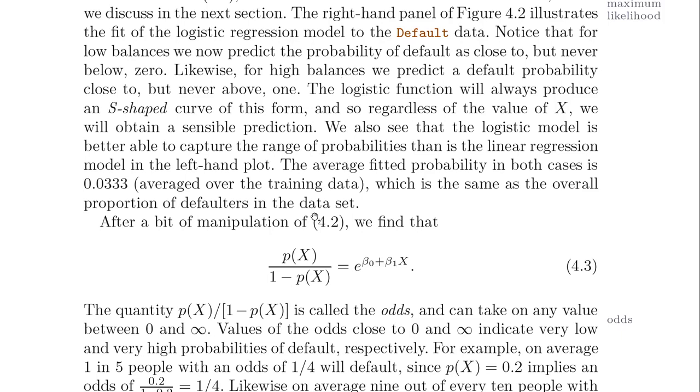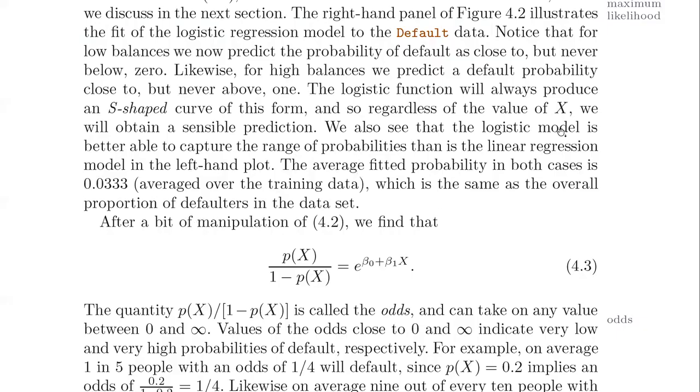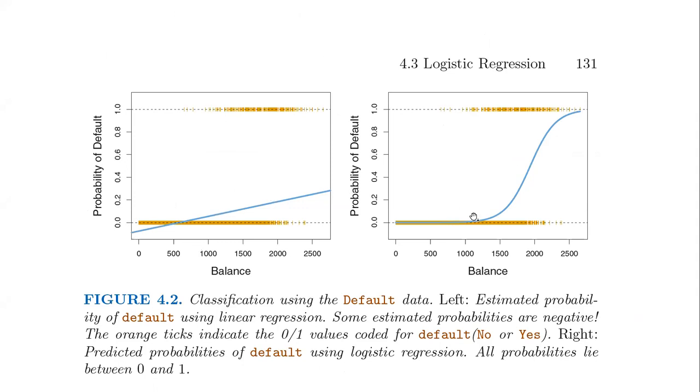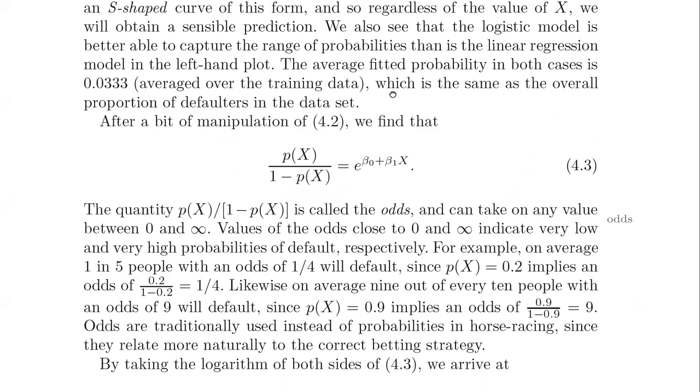I don't think this is that important, but the 0.033 is just referring to the number of individuals that actually defaulted on their loan. So I think on average both models give you the same thing, but the logistic is better for individual predictions, like when you give it a single potential customer or borrower.